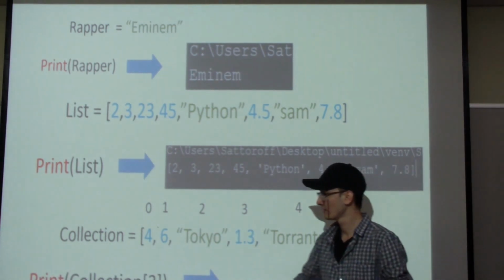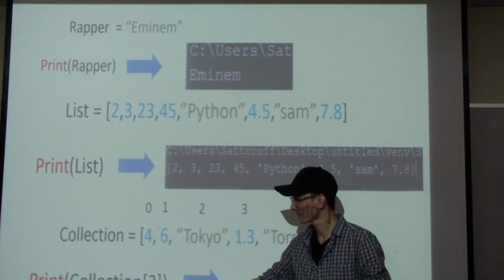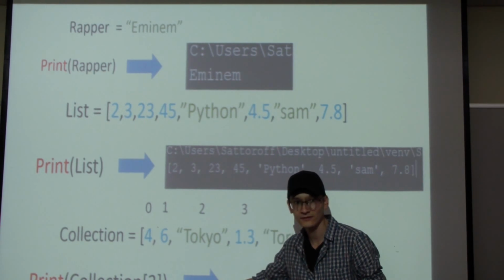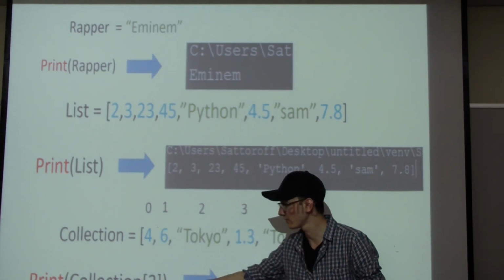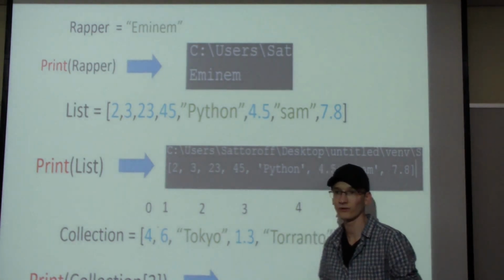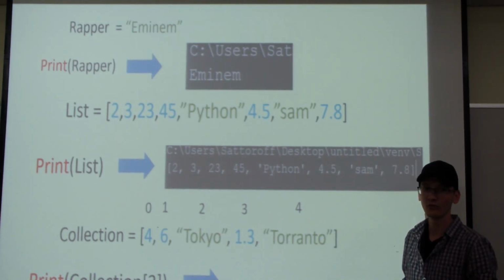Now, we are going to print the third element of the collection list. So, what do you think? 1.3.